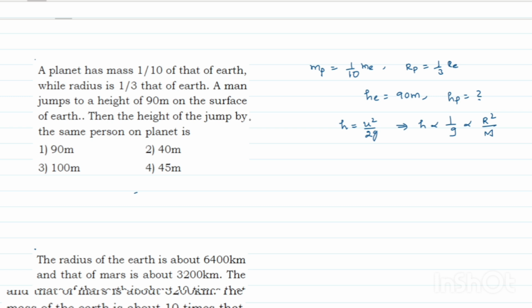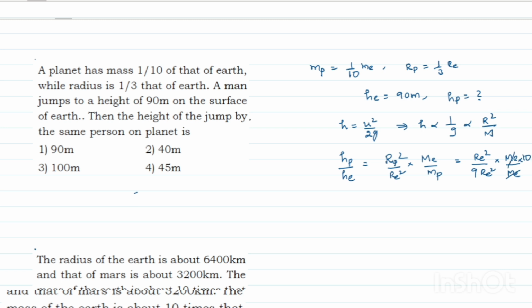Now, students, the height he jumps on the planet by the height he jumps on the Earth will be equal to the radius of the planet whole square by the radius of the Earth square, into the mass of the Earth by the mass of the planet. The radius of the planet is 1/3, so it becomes re square by 9, into re square, and the mass of the Earth is me by the mass of the planet, me by 10.